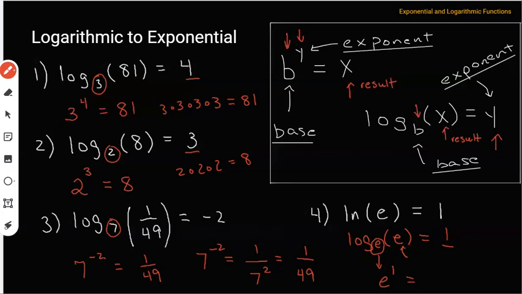And in this case, it's an e. So does that make sense to you? e to the 1 power is equal to e. That's what it means to take something to the first power, right? Whatever it is just stays the same. So base e just stays e. Okay, so that's logarithmic to exponential, and I hope that helps.